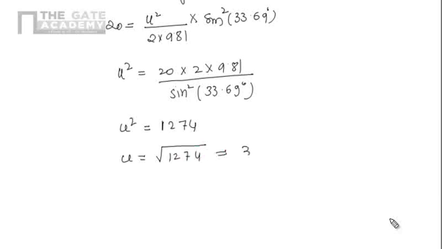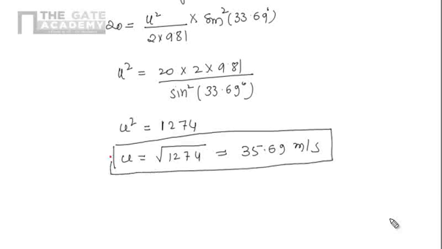This value will come 35.69 meter per second. So the velocity of projection will be 35.69 meter per second.